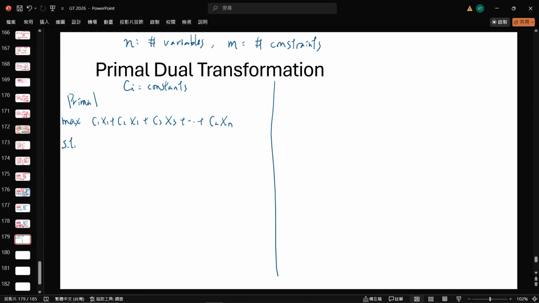And then we have the constraints. Starting from the first one, usually we use lowercase a to denote the coefficients in the constraint. This is the left-hand side, which is just another weighted combination. Because this is a maximization problem, it makes sense to have some upper bound.